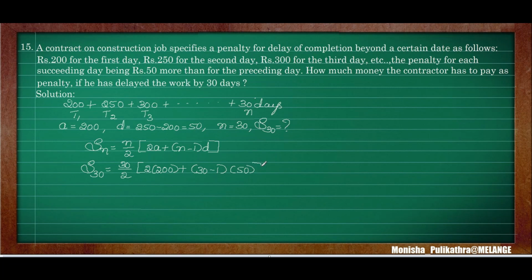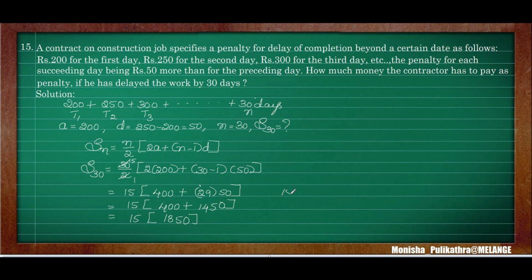Here 2 ones are 2, 15 twos are 30. So 15 into 2 into 200 is 400, plus 29 into 50. So 15 into 400 plus 29 into 50: 5 nines are 45, 4 carry, 5 twos are 10 plus 4 is 14, so that is 1450. Next, 15 into 400 plus 1450 is 1850.